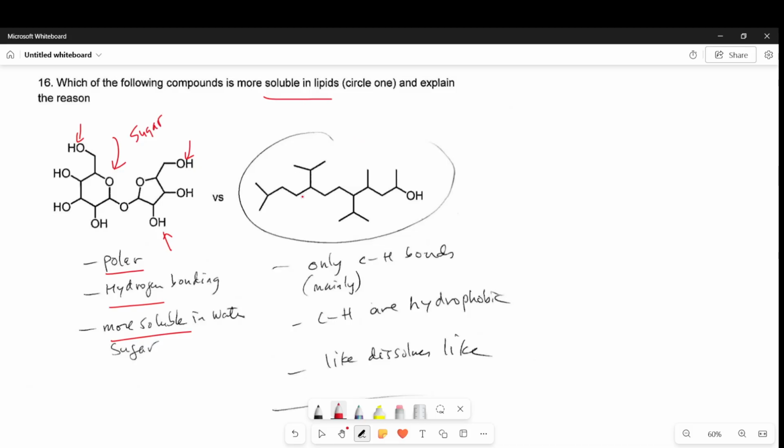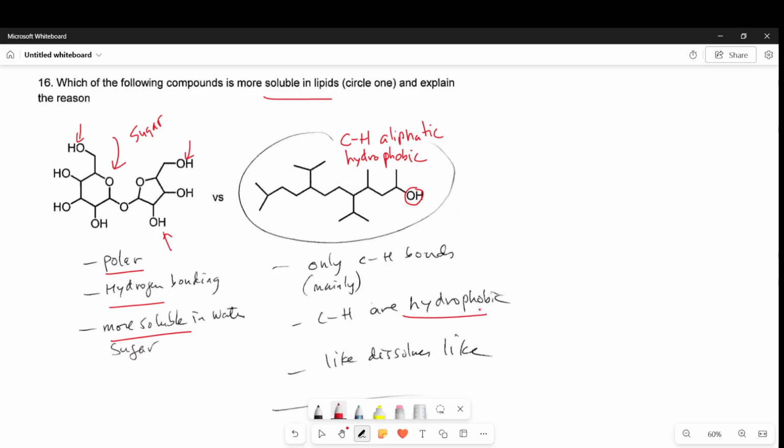But if you look at here, it is only this one group, an alcohol, but almost all of the rest of it is carbon-hydrogen bond. So that's aliphatic carbon-hydrogen bond. So they are hydrophobic. These are only carbon-hydrogen bonds.